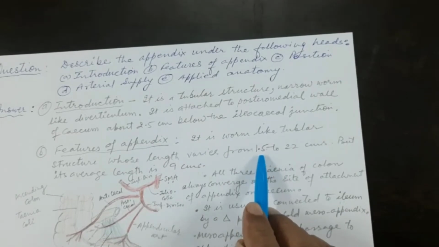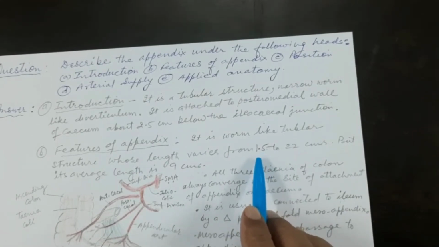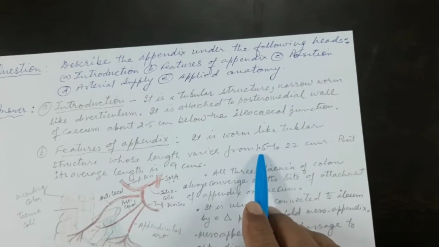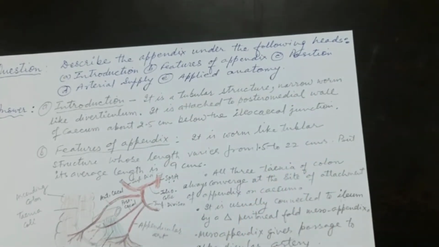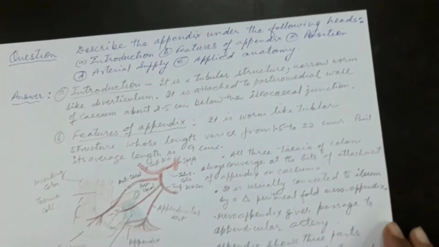It may be very small, only 1.5 centimeter in length, to very long, up to 22 centimeter. It is a diverticula coming out from the cecum. But its average length is about 9 centimeter.